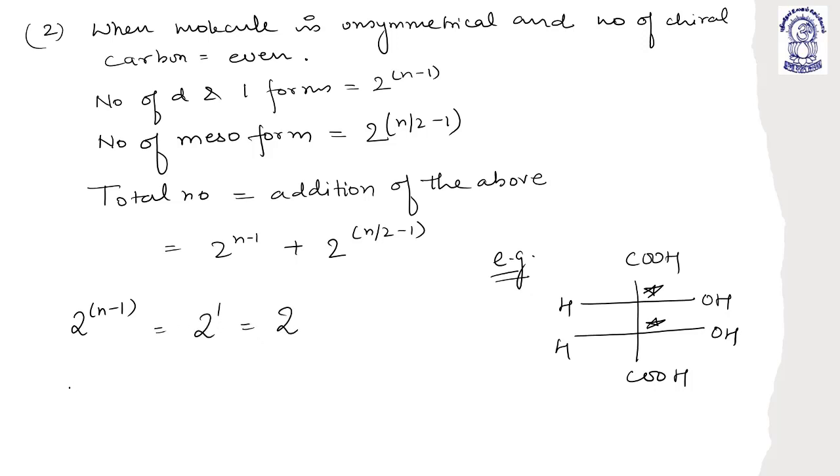Number of meso forms is 2 to the power 2 by 2 minus 1, that is 2 to the power 0, that is 1, because we have one plane of symmetry over here.